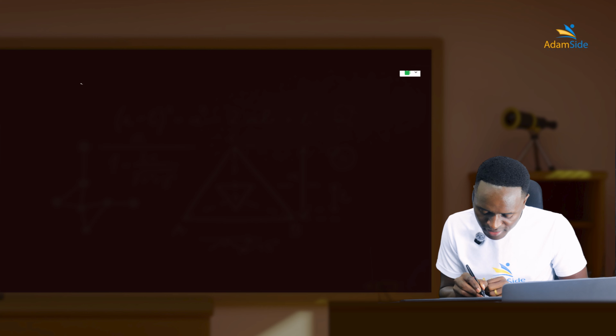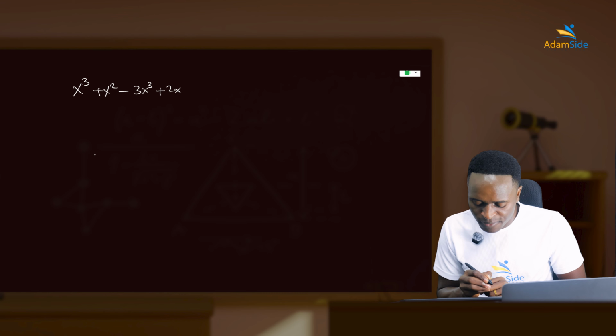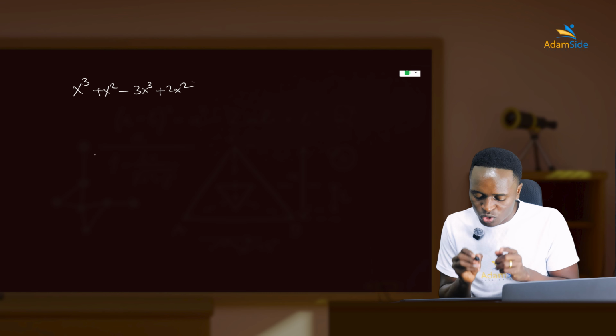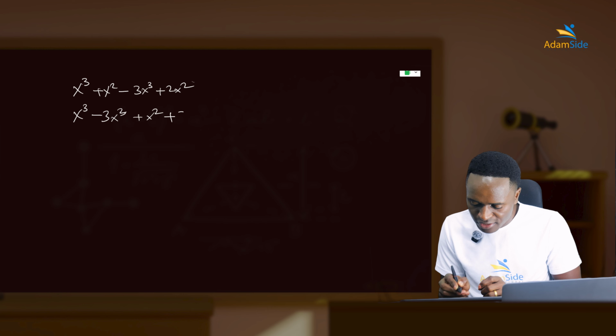When you have x cubed plus x squared minus 3x cubed plus 2x squared, you collect like terms: if they're cubed, they're equal to cubed to their powers. You take x cubed minus 3x cubed, plus x squared plus 2x squared.